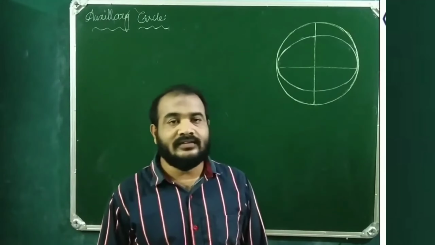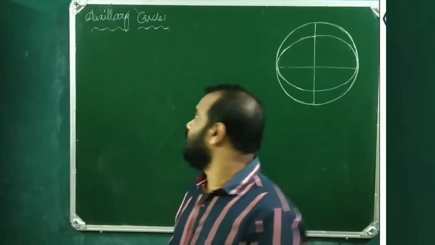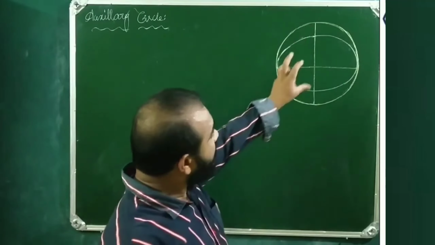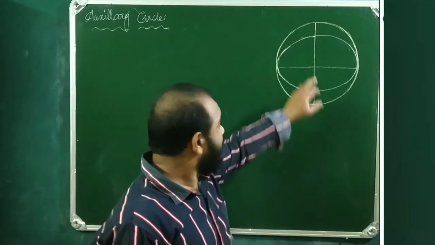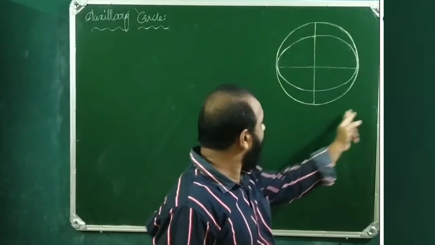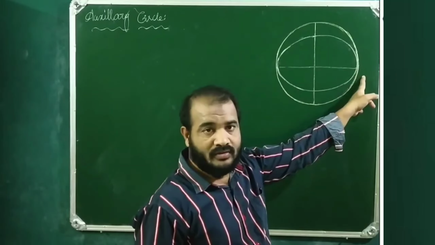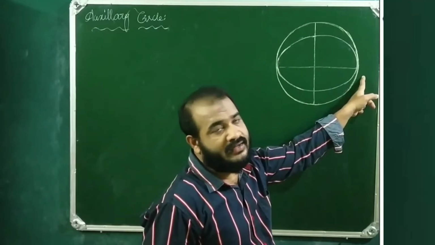Now let us discuss the auxiliary circle. So this is the auxiliary circle. The auxiliary circle is defined to be the circle described on the major axis of the ellipse as a diameter.